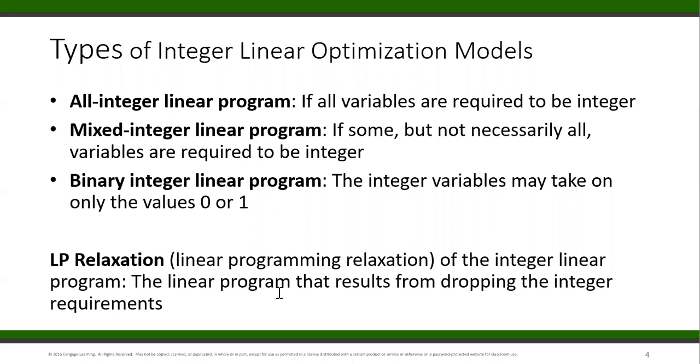Can you find a better answer close to those values? So that's usually the first step in large scale problems. In practice, this is what they do. Again, we're not going to be really worried about this one. We're not going to do LP relaxation in this course because the scale of the problems that we do are small. So Excel solver is able to solve them in reasonable time.